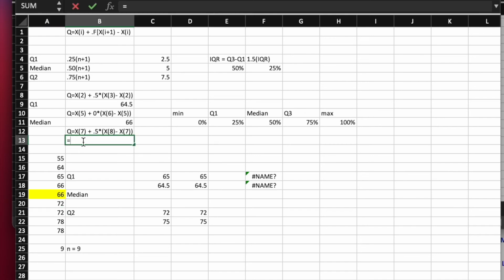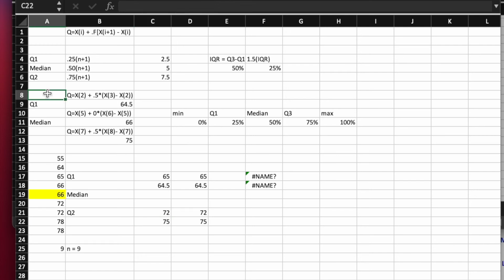So equals 72 plus 0.5 times, parentheses, the 8th value, which is 78, minus the 7th value, which is, again, 72, we would get 75. And you would see that here with the .exe function, which is exclude again, right?